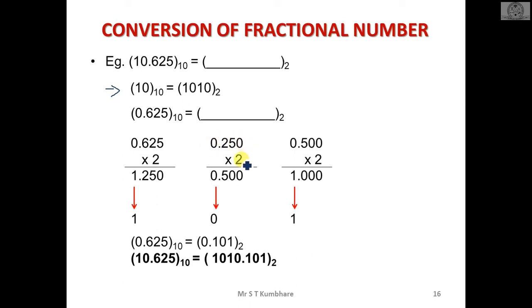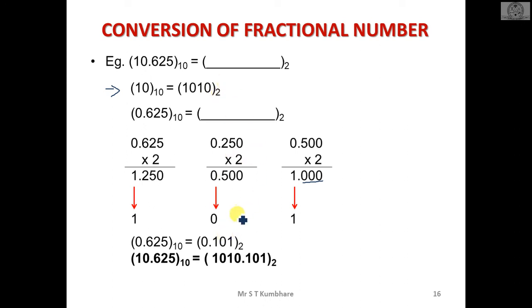Now this will be multiplied with 2. So this is 0.500. Now here we are getting 0, so we'll take that out. Again we have to multiply this with 2. So we are getting 1.00. As soon as we get 0.00, just stop and note it down. So 0.625 is .101 and 10 is 1010.